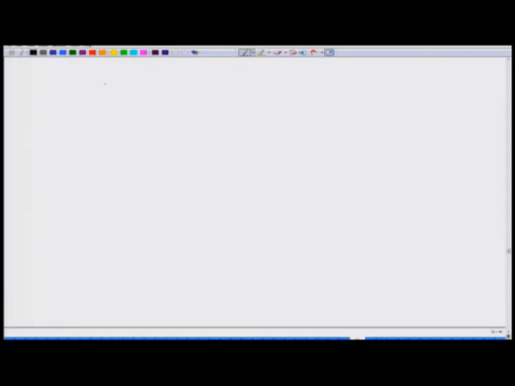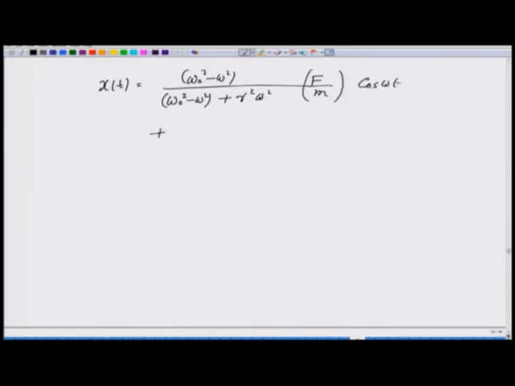I am again going to write this x t is omega 0 square minus omega square divided by omega 0 square minus omega square plus gamma square omega square, f over m, cosine of omega t, plus gamma omega over omega 0 square minus omega square plus gamma square omega square, f over m, sine of omega t.